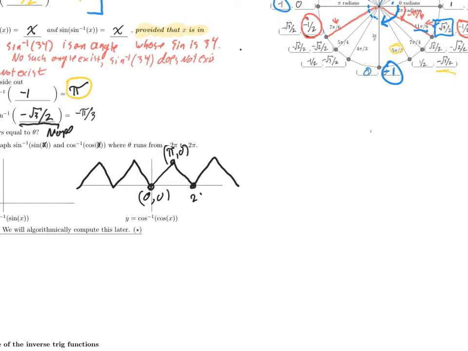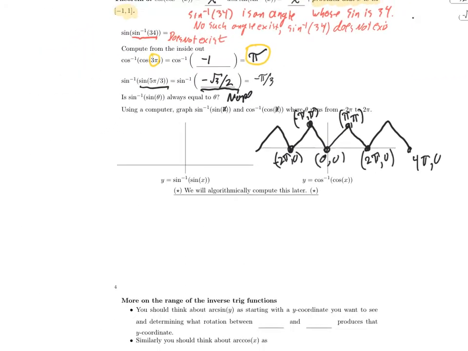Down here we see 2 pi, 0. And if we go out one more, this will be 4 pi, 0. If we go backwards, you see that this looks like it's pretty even. So negative pi, pi. Down here we see negative 2 pi, 0. There's the graph of the inverse cosine of the cosine.